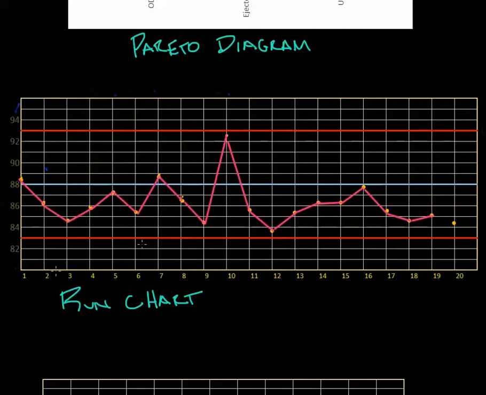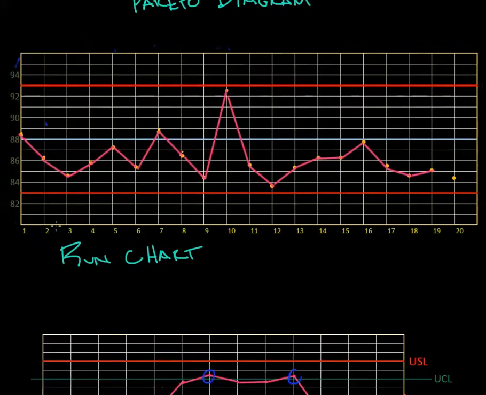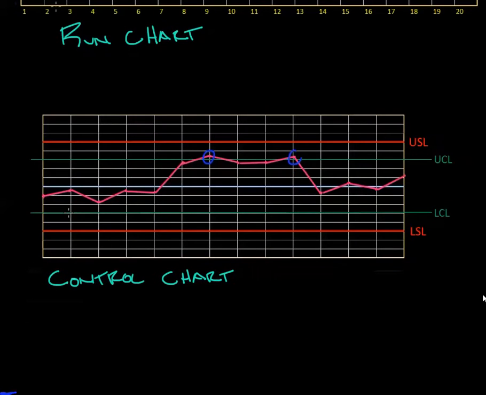A very close relative to the run chart is the control chart, which is a run chart, but added to it are some statistics, specifically the upper and the lower control limit.